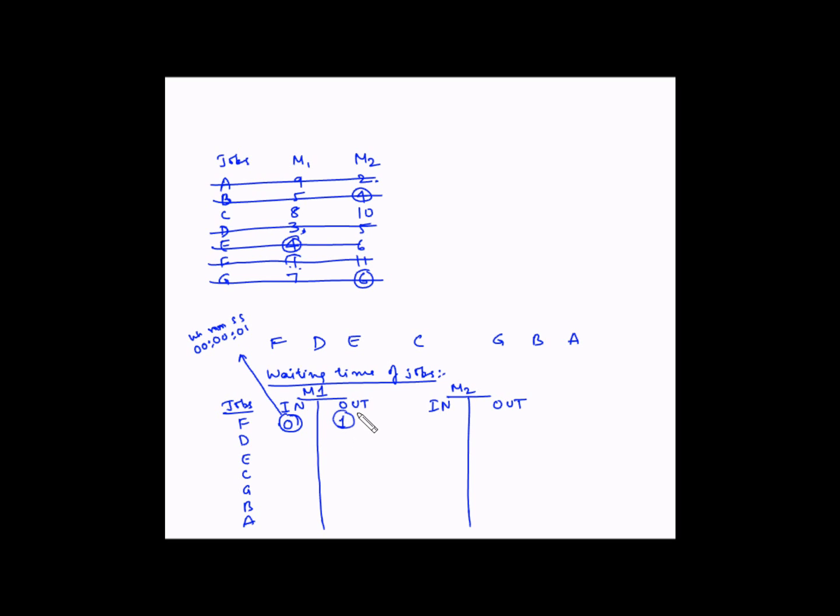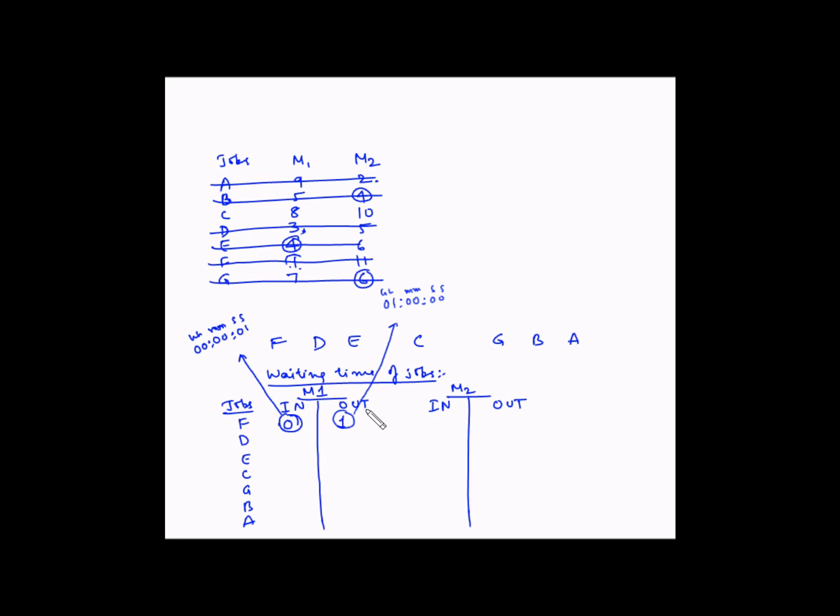And what this 1 means is that when the clock hits 010000, where 01 is hours, then minutes and seconds. So when the clock hits 010000, then job F comes out of machine M1.